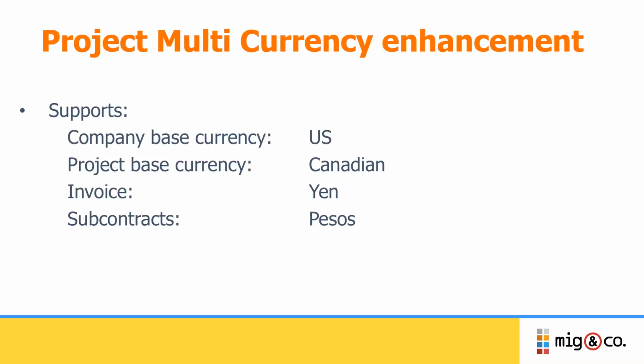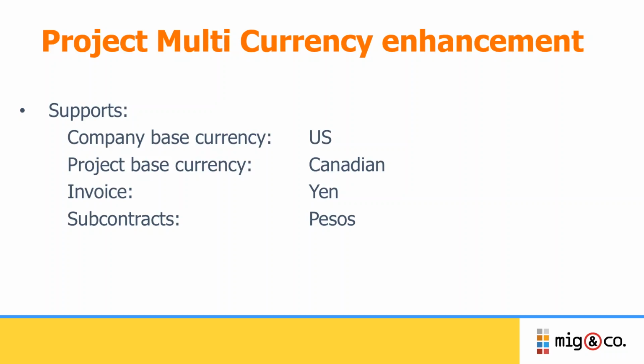All right, and the multi-currency, so for example, if your company-based currency is US, you can have a project-based currency in Canadian dollars, you can invoice in yen, yet you may have some contractors in pesos. So accounts payable already uses the multi-currency, same with the AR invoices, but now we have the flexible billing invoices in multiple currencies, as well as looking at the projects.